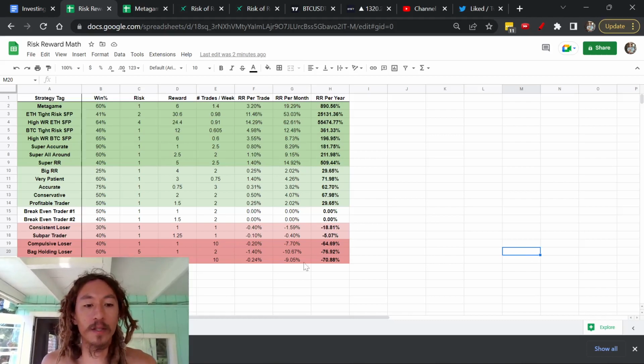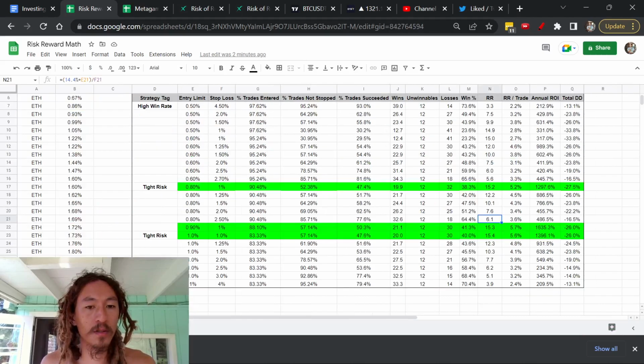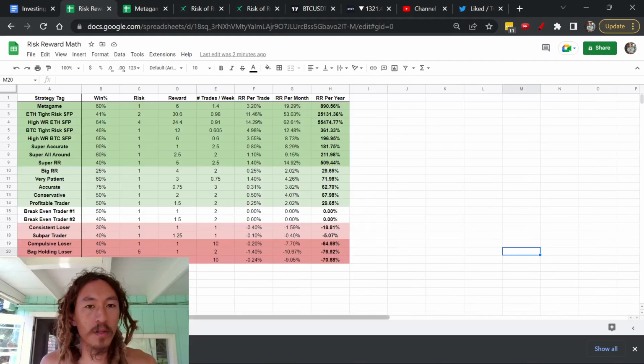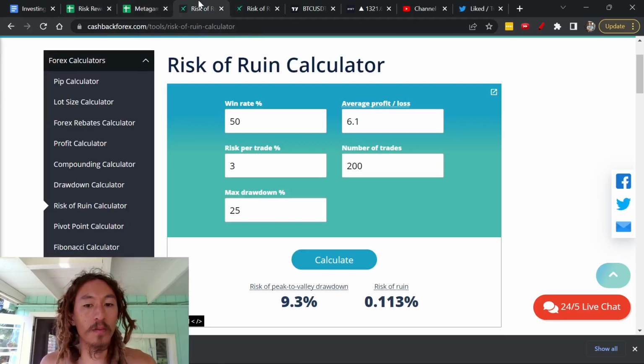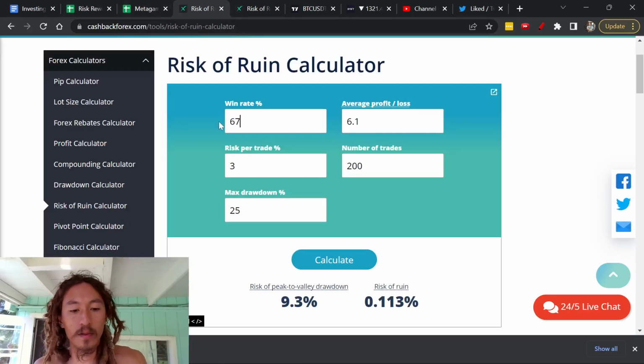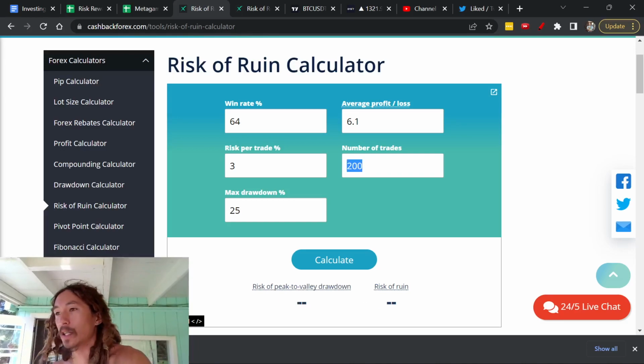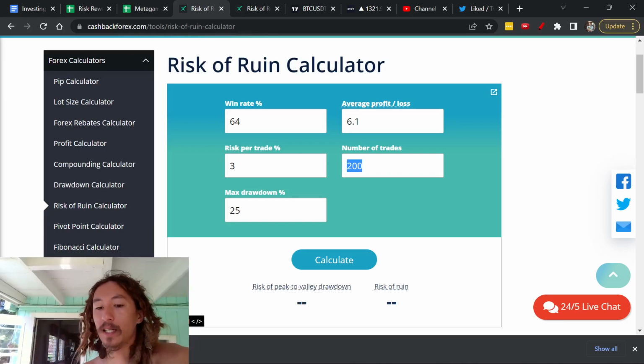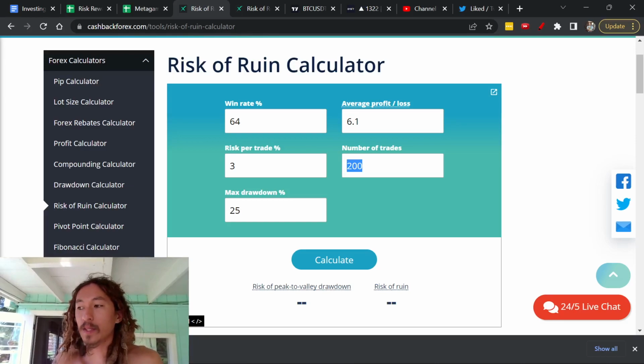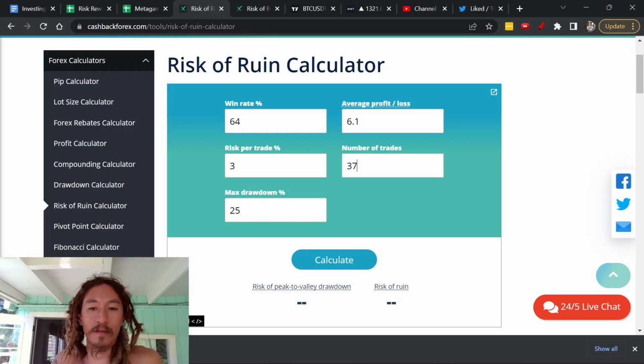Now, what we can also look at though is, say I'm going to trade, like actually combined, I'm taking about 75 trades a year, and I want to look 5 years out. So 75 times 5 is 375.